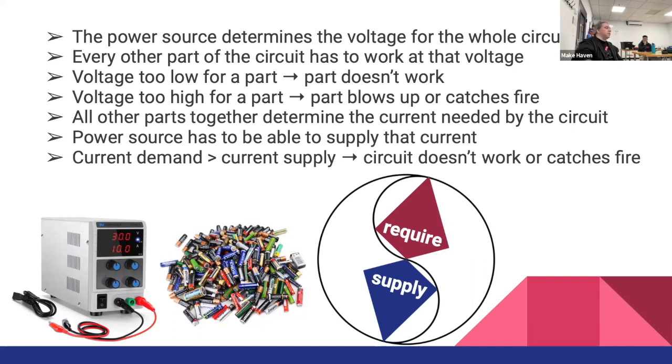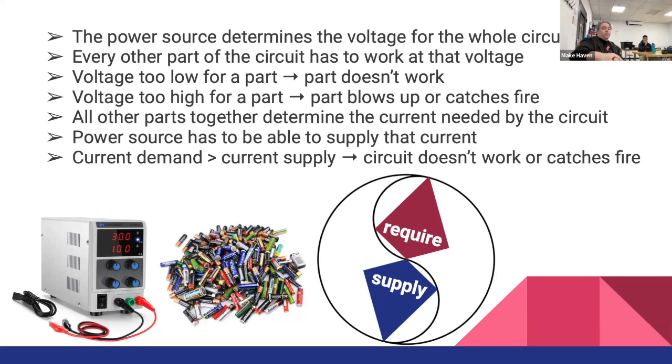It's going to get dissipated usually as heat. If that heat starts to build up, it's either going to burn out the parts, which is very common with LEDs and transistors, or it can catch fire. Usually they'll just burn out before they catch fire, but every once in a while a part will catch fire.